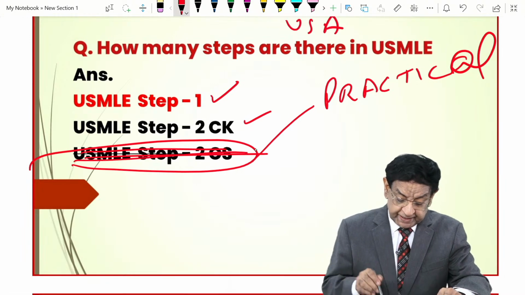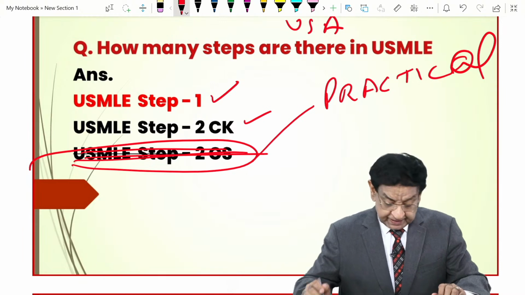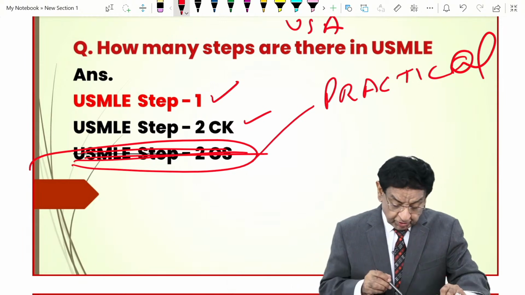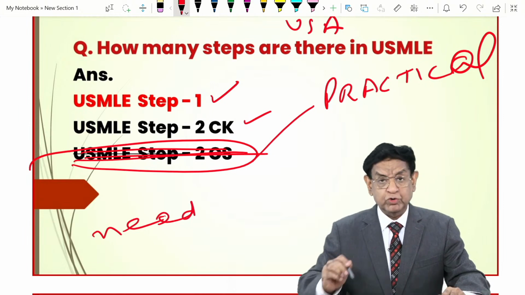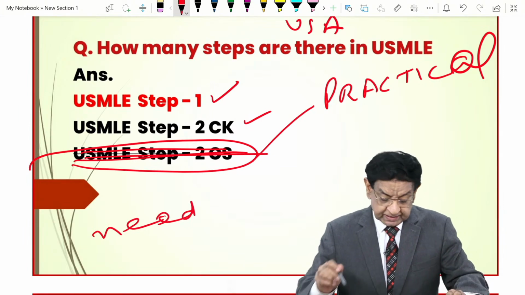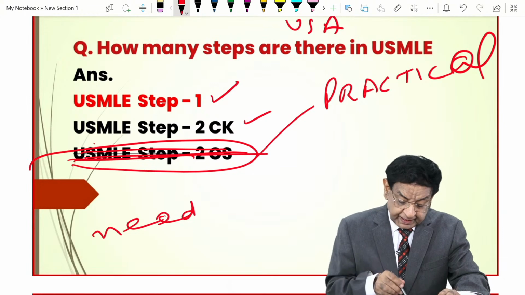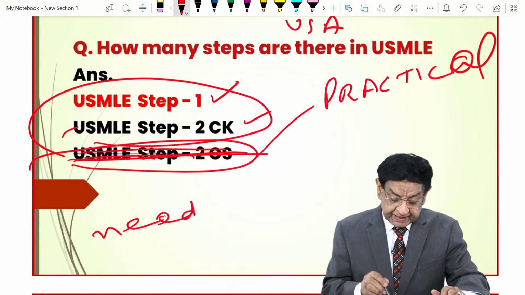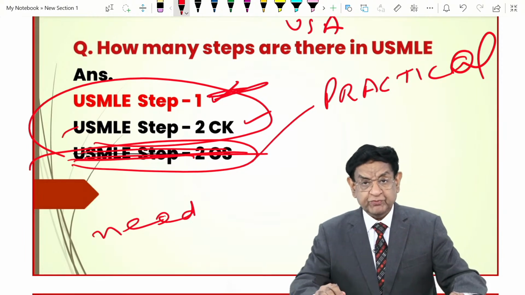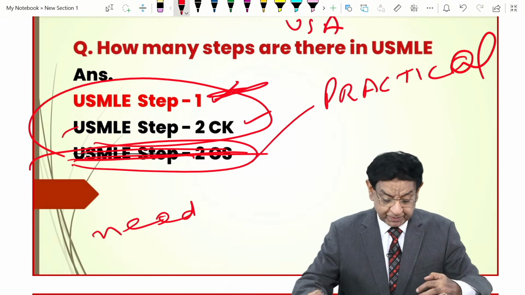But the US government has removed this because they are in bad need of doctors, so they want more and more doctors to come to USA. That's why they have removed it, and they are left with only Step 1 and Step 2 CK, which I'll be calling Step 2. Even this they have made easy. What is easier, I'm going to discuss in a couple of minutes.